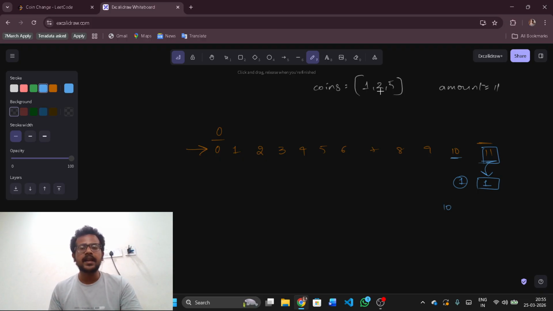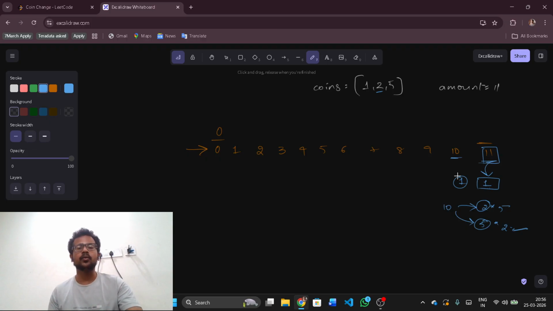For 10, I can take 2 for 5 times, or I can take 5 for 2 times. Coin 2 for 5 times, coin 5 for 2 times, which is the minimum, 2, right? So taking coin 5 for 2 times will be the minimum, so that 2 plus 1 will be just 3 coins to make 11.